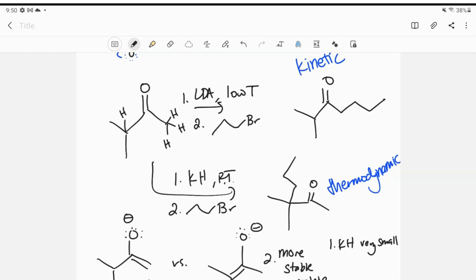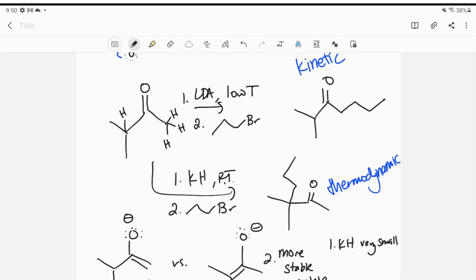How's that? Does that make sense? Why we would end up with potentially multiple different products here. This also applies for Claisens and aldols too. You can choose your reaction conditions, right?